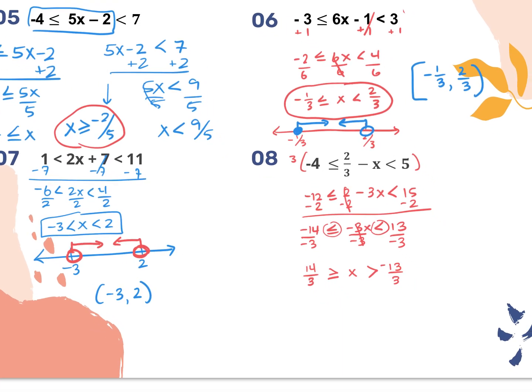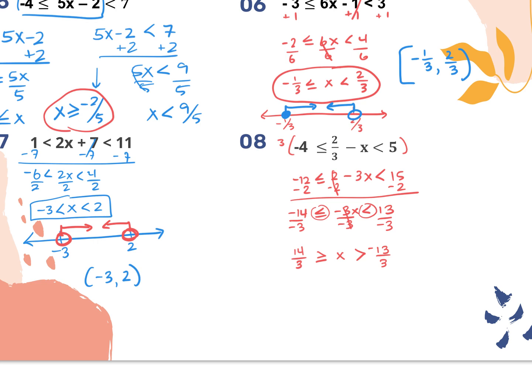Now, we like to go from smallest to biggest, and notice that this is a negative and this is a positive, so I know I'm going from big to small here. So I'm going to rewrite this. It's going to be negative 13/3. Notice the closed part of the less than or equal sign is facing the negative 13/3. So be careful when you flip it, in the order that you do, that you do not mess up the inequalities.